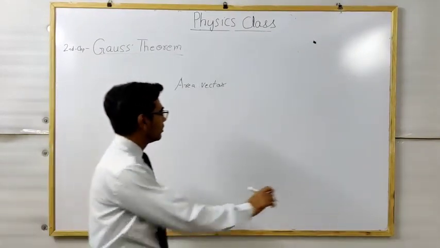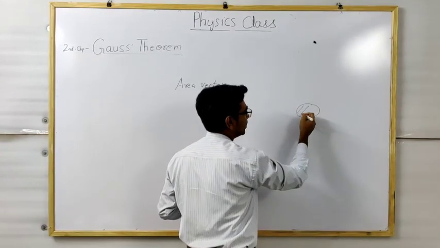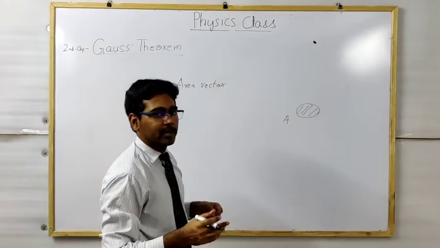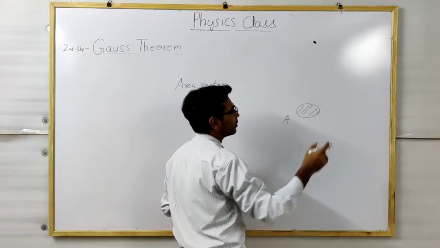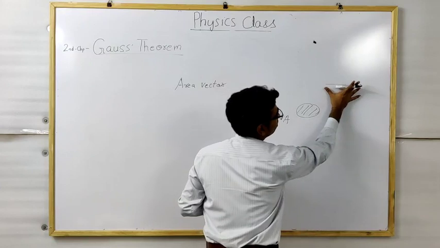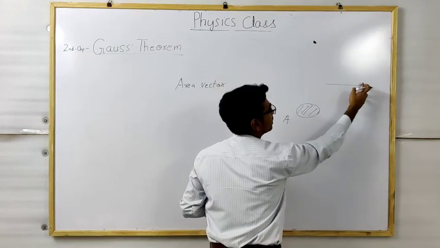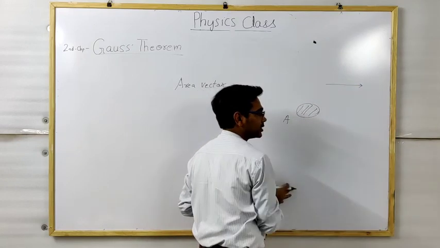What does it say? For example, if you have an area, let this be a circle. This circle has an area A. How can we represent this area as an area vector? You all know our vector quantities are represented by lines and arrows. The length of the arrow represents the magnitude. The arrowhead determines the direction.